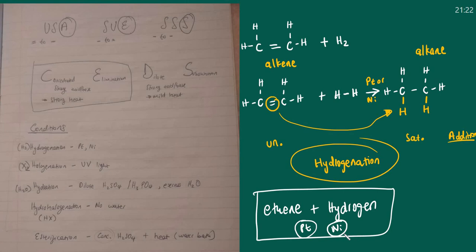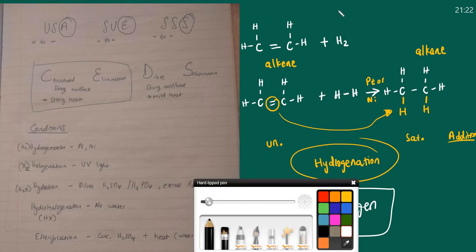So that is the condition, right? You must remember it by heart: for me to move from an alkene to an alkane, I will need platinum or nickel. Okay, that is the first type of addition reaction that we have.